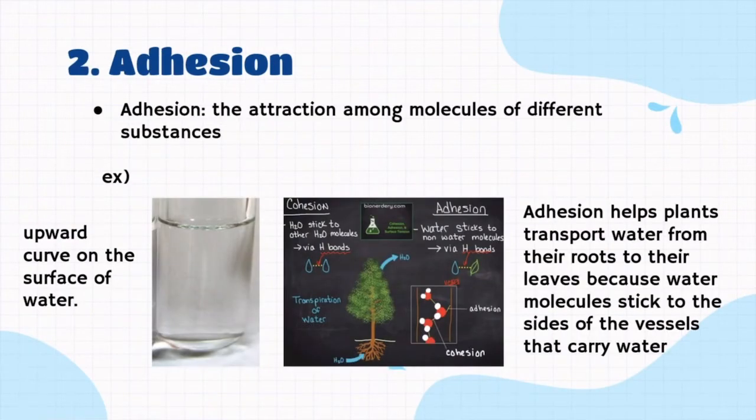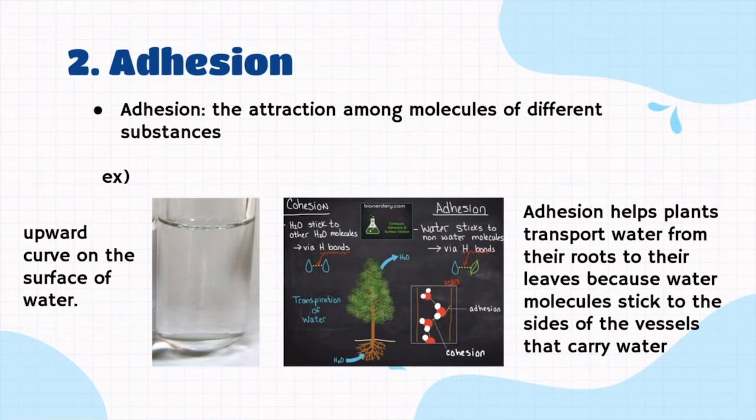Next property of water I would like to talk about is adhesion. We just learned that cohesion is the attraction between water and water. Then adhesion is attraction among molecules of different substances. One example would be concave meniscus.